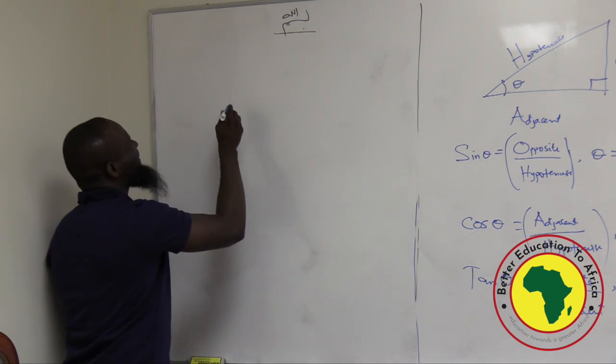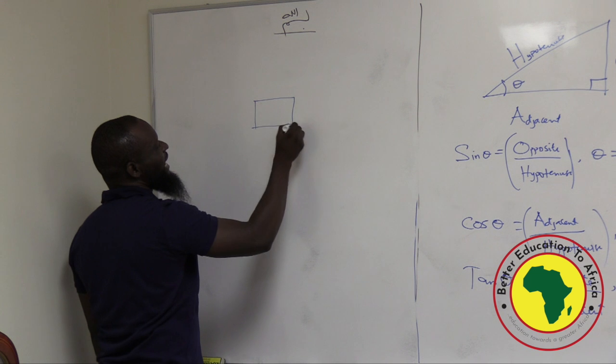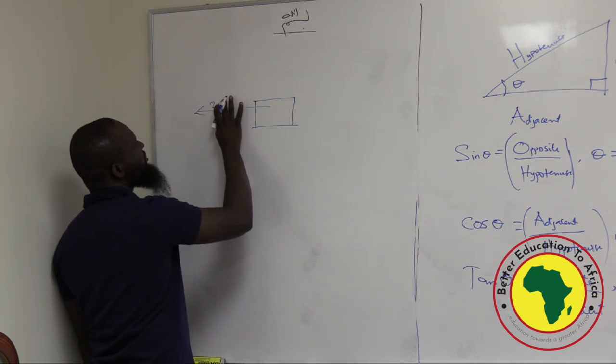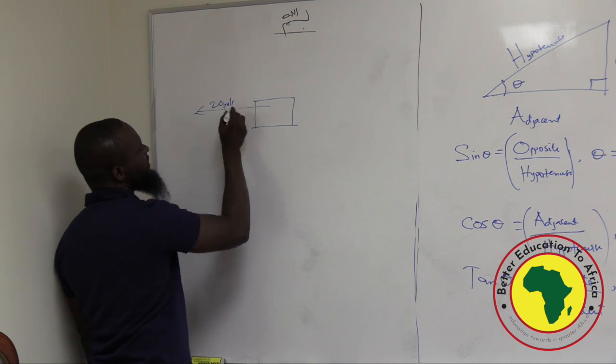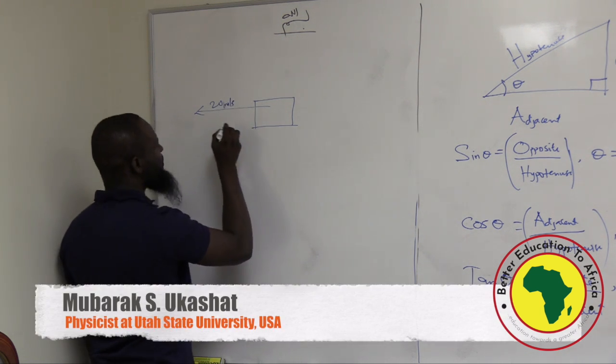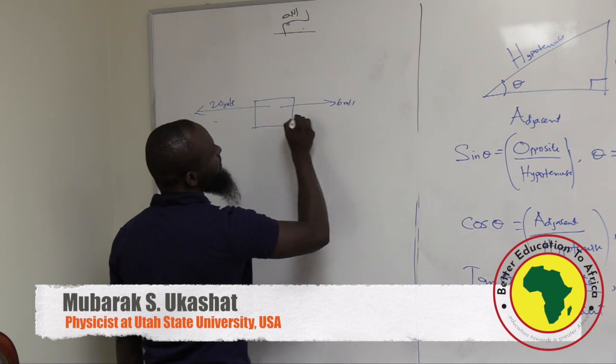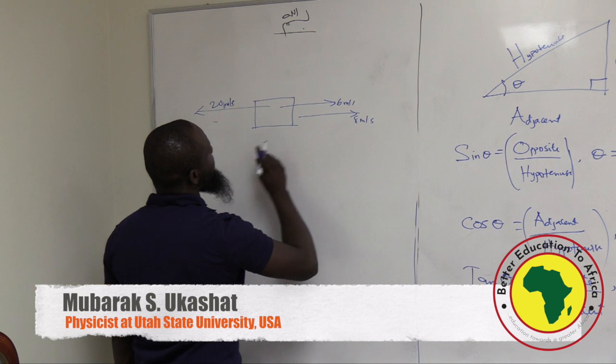Okay? Now, I have a lot of forces acting here, okay? Let me use meters per second, now velocities, okay? I'm tired of forces. Velocities, okay? I have 20, here I have 6 meters per second, here I have 8 meters per second, okay?